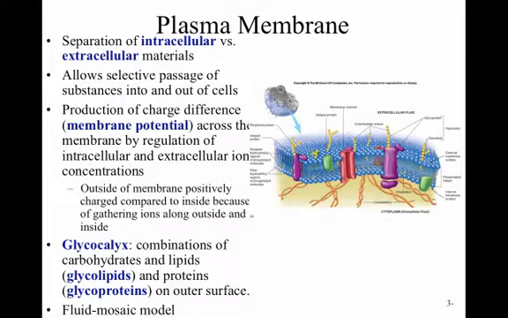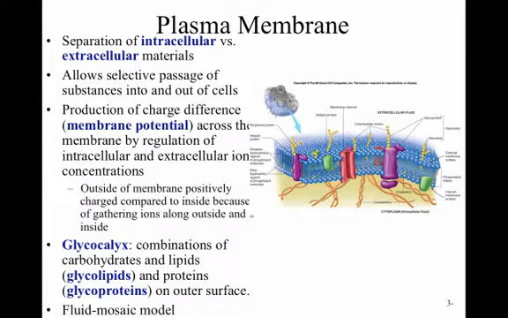There is a charge difference, which is called a membrane potential, across the membrane by regulation of intracellular and extracellular ions. A lot of it deals with the potassium and sodium ion concentration inside and outside the cell. And that membrane potential can open and close different gates in order to allow different substances to come into or out of the cell.